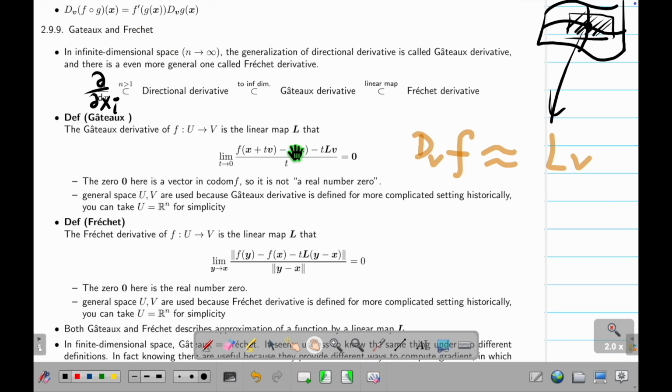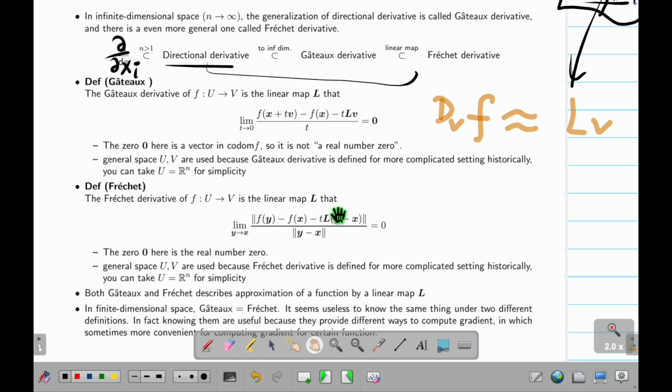The third way is to do the Gateaux derivative, which is write something like this, then this L is the gradient. The fourth way is to do the Fréchet derivative, which is consider the norm and write something like this, then the L is the gradient. So you actually have 4 ways to compute the gradient: by using directional derivative, Gateaux, or Fréchet. And I will call all these 3 just the directional derivative because they are all the same thing in finite dimension.